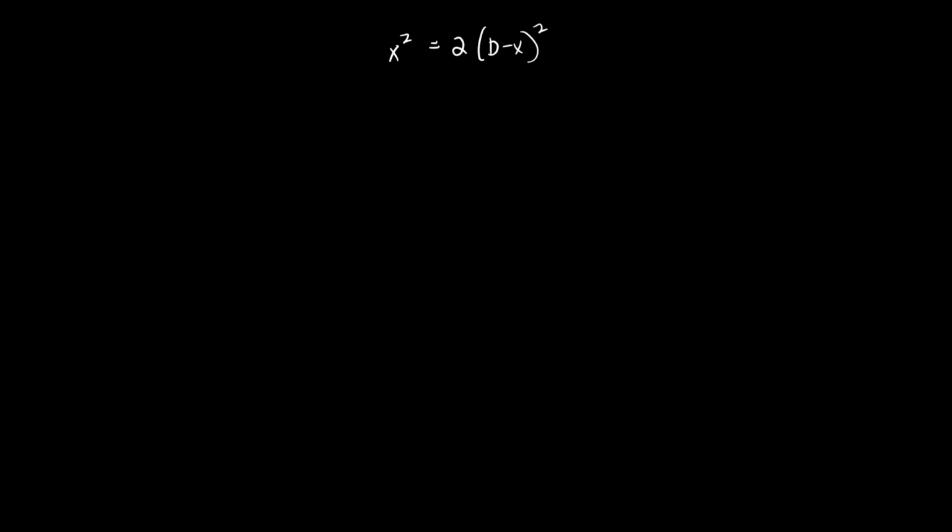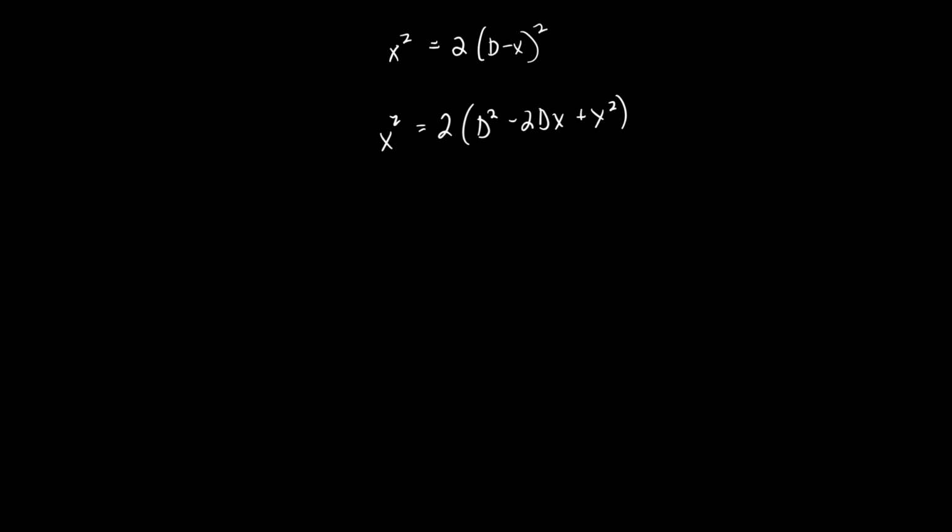And I'm going to start by expanding the right-hand side and get our x squared equals 2. Binomial expansion, you square the first term, multiply 2 terms together and double it, and then square the second term, right? You guys learned that? So this is going to be d squared minus 2dx plus x squared.